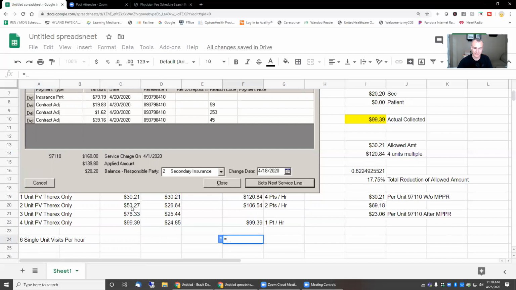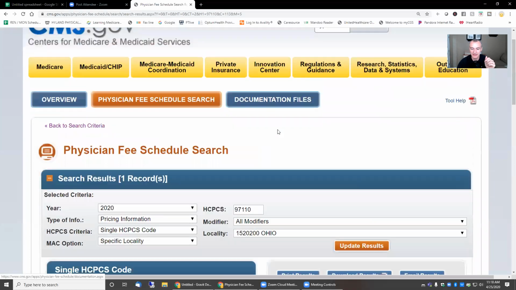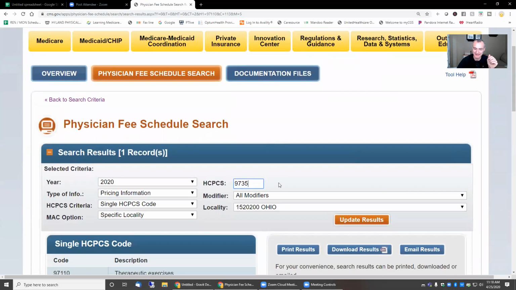And that's going to equal that times 6. That's looking at 10-minute slots, 6 patients in an hour. You could max out at $181 for therapeutic exercise. You know, let's switch this over to therapeutic activity.